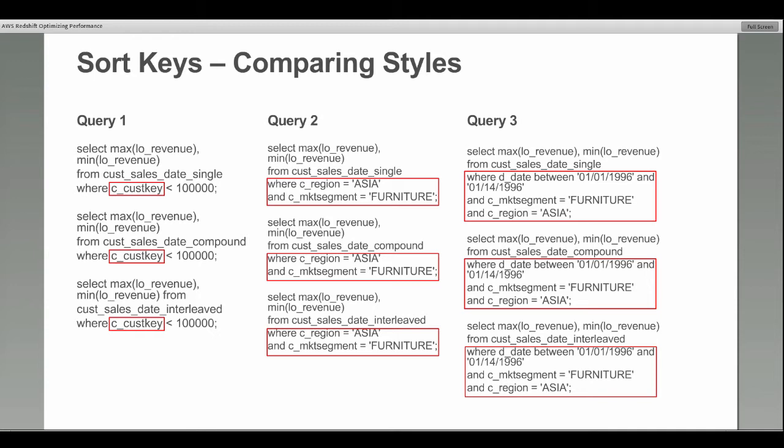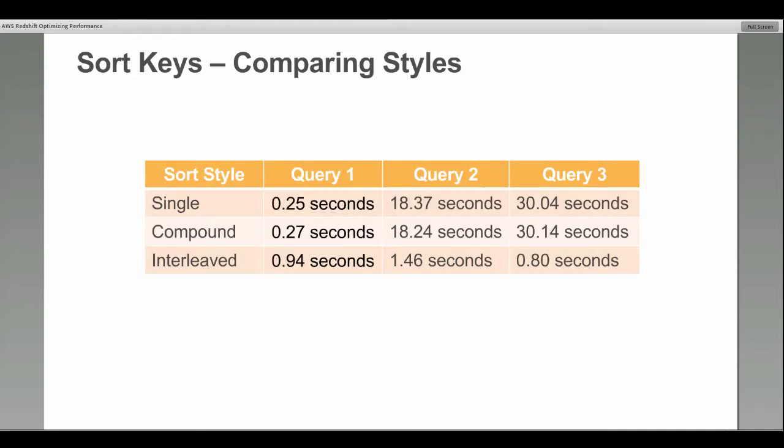So let's take a look at how that performed. We'll focus on that last row, the interleaved row. You can see that for query 1, where I had a single key, it actually took longer with interleaved sorts to complete my query. But it's query 2 and query 3 where interleaved sorts give me the biggest bang for the buck in terms of performance.